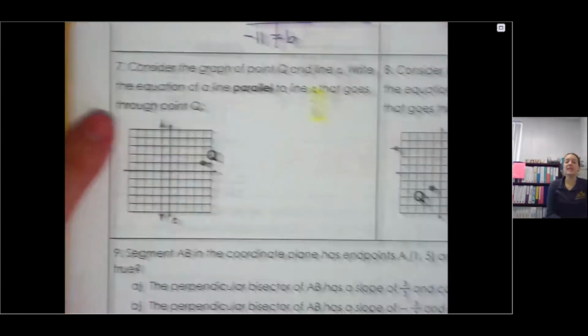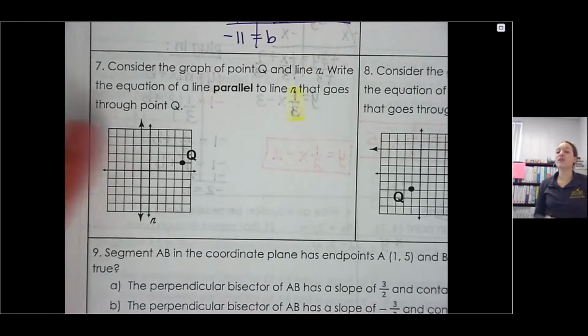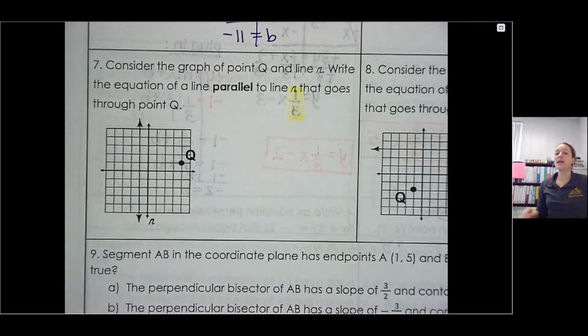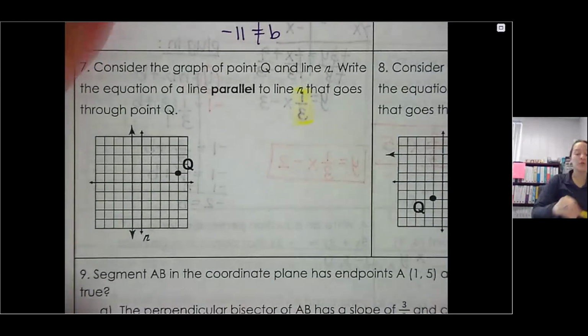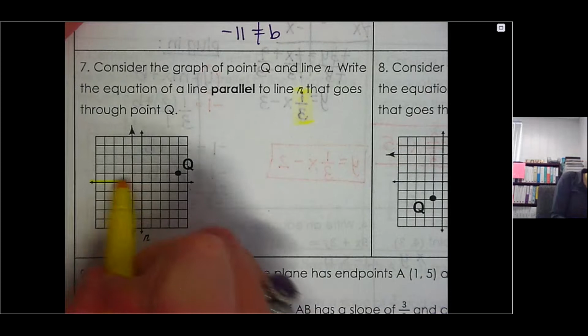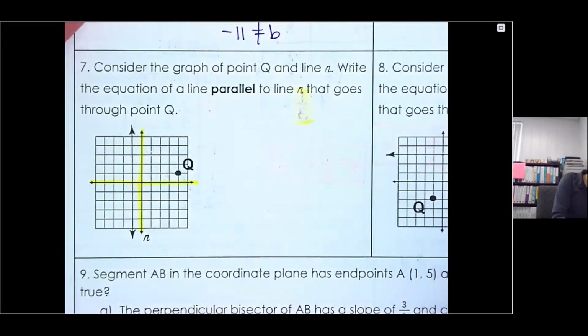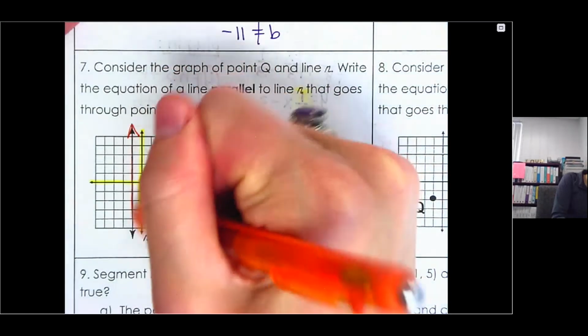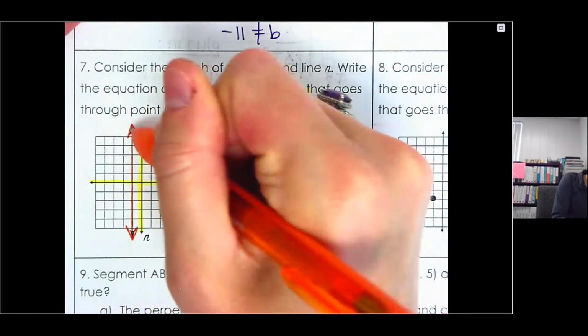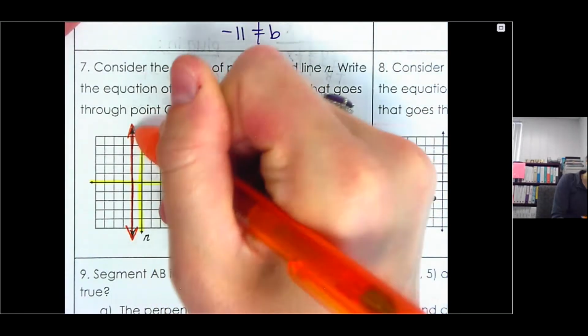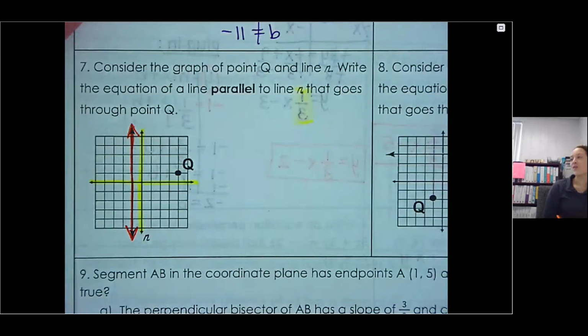Number 7 says, consider the graph of point Q in line N. Write the equation of a line parallel to line N that goes through point Q. So here's my X and Y axis. If you look at line N, this is what kind of line? Vertical.